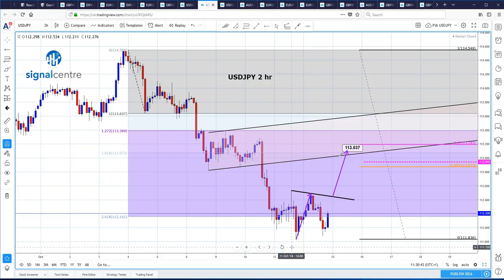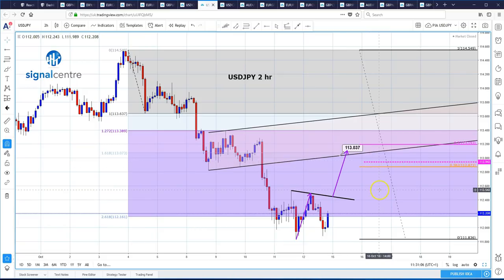I think we've now got potential for a reverse head and shoulders pattern, a break here, which is 112.45, and an ABCD formation, measured move formation, takes us up towards 113.10. That's close to reverse trendline resistance at 113.03. We've got bespoke resistance at 112.96.